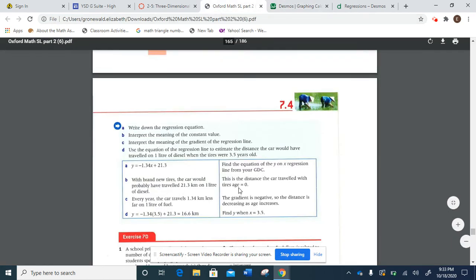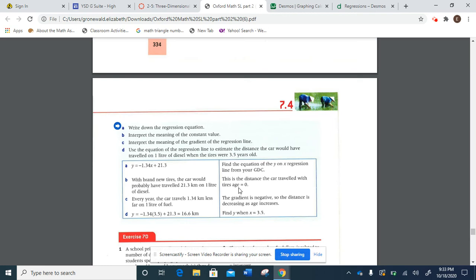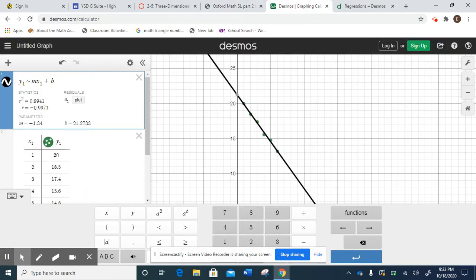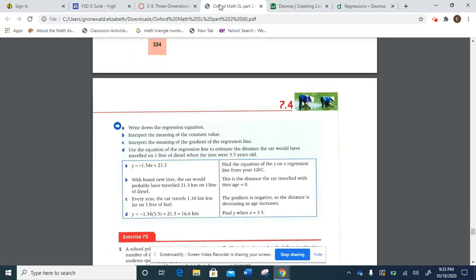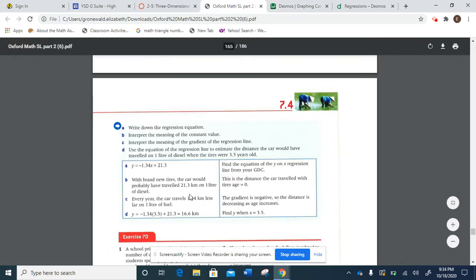Okay, and then it's basically saying interpret the meaning of what the slope means, and then also your y-intercept. So the y-intercept here is 21.273. It's basically when your car has 0 years on the tires, I think, and you have brand new tires.